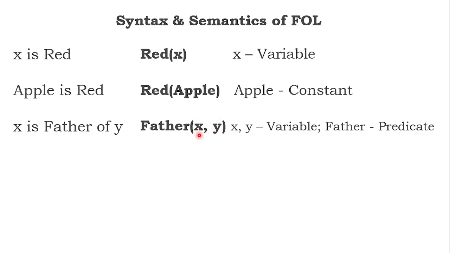Remember, whenever two variables come inside, start from the first variable, go to the predicate, then come to the second variable. X is a father of Y. That is the way you have to represent it.